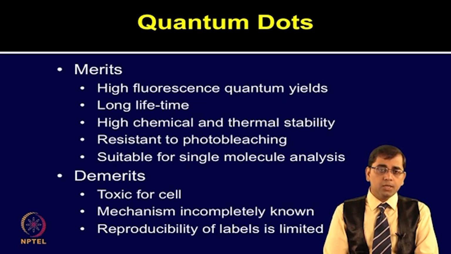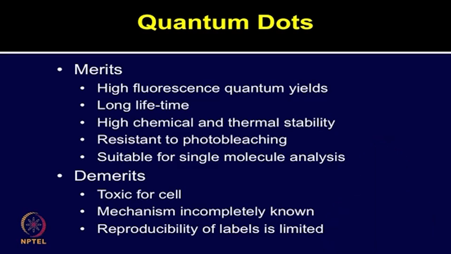The demerits associated with QDs include toxicity to the cell, incomplete knowledge of the mechanism involved, and limited reproducibility of the labels. The cellular toxicity and biocompatibility are the major limitations of using quantum dots, as there is limited knowledge of their clearance from the living system.